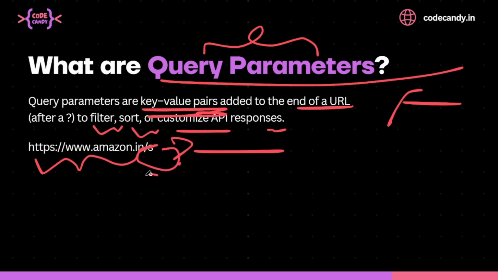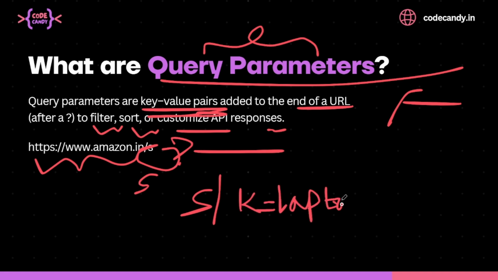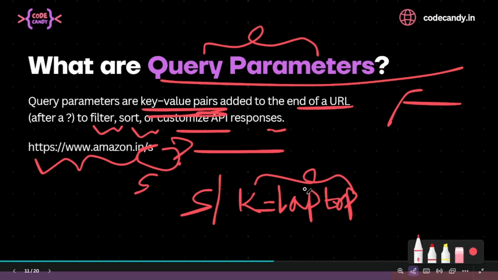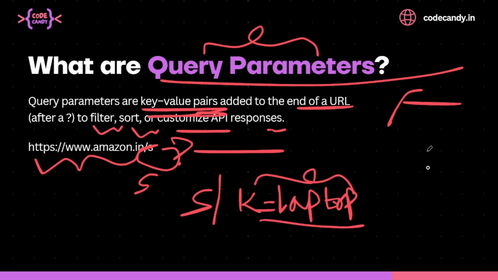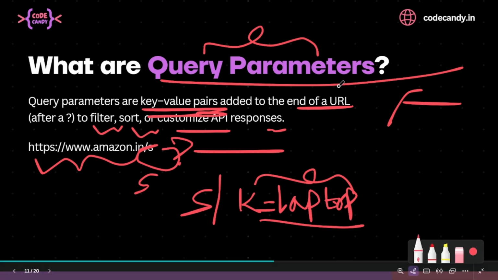This S represents search in Amazon. If I mention after S, K is equal to laptop, it means I am searching the category of laptop. I am telling the Amazon server to search for the laptop. These are called query parameters.